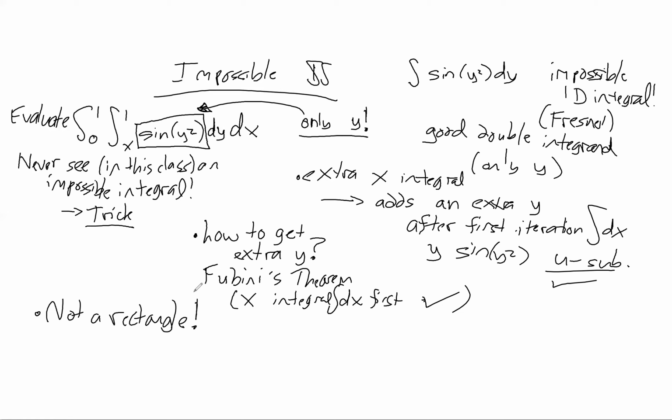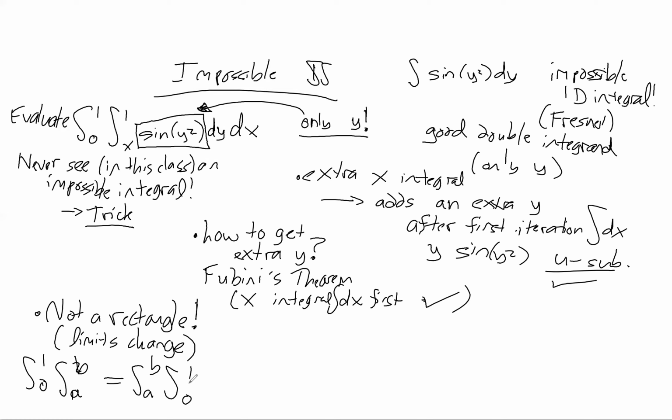So that means we need to change the limits. So the limits will shift. Because if I did a rectangle, let's just say a to b, then the limits would stay the same after exchanging.